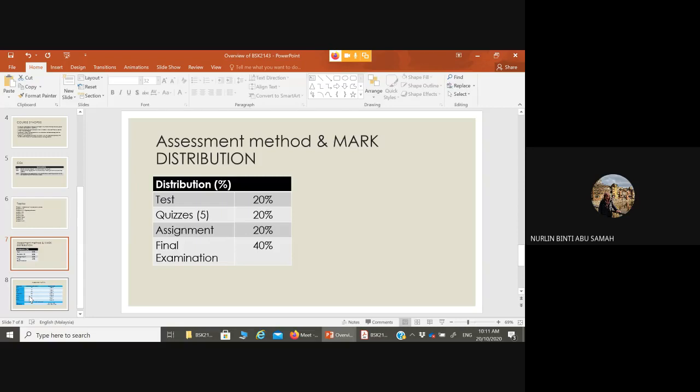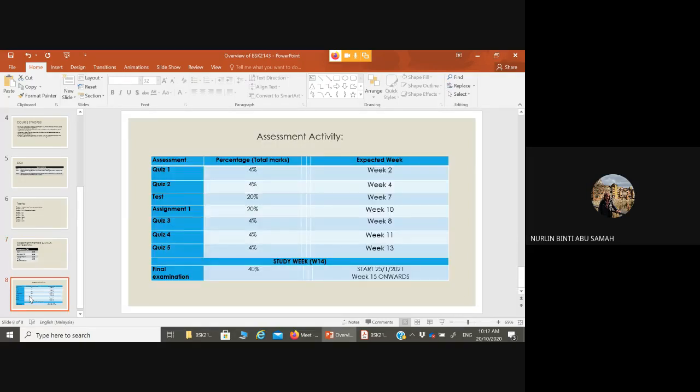So please do all the assessments, and if you cannot understand or you need help, you can ask me directly via WhatsApp. That's all for the assessment mark distribution.